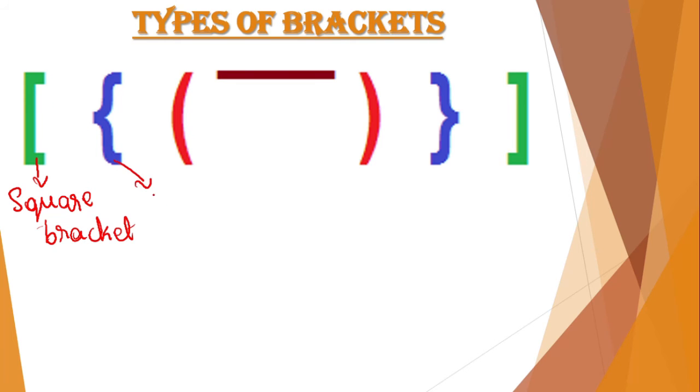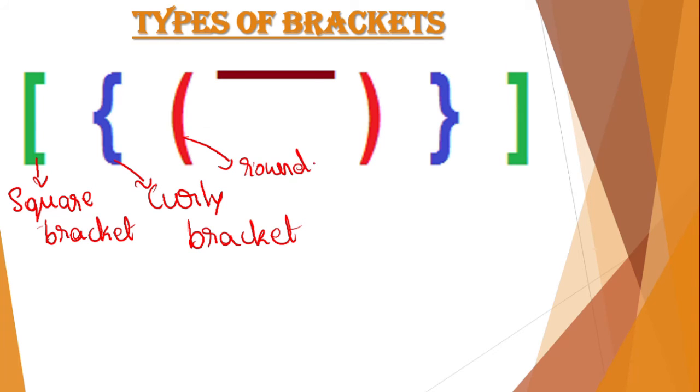And this is known as a curly bracket. And the red bracket, as you all can see, is the round bracket. It's known as a round or a simple bracket.